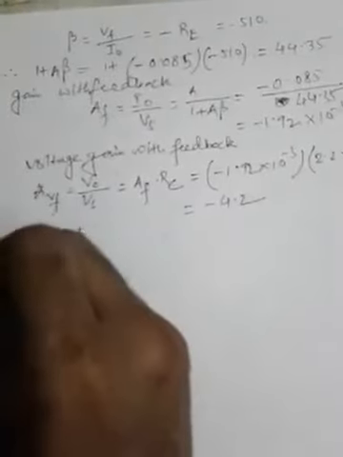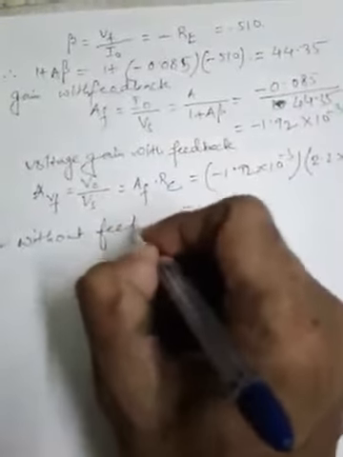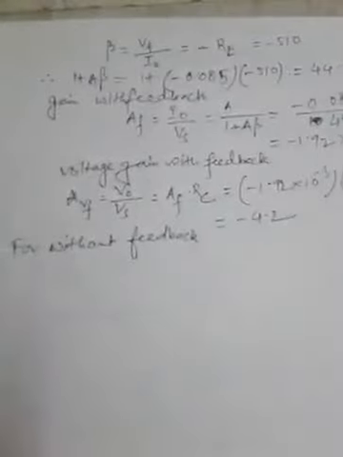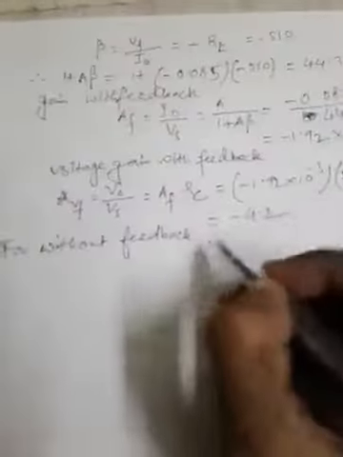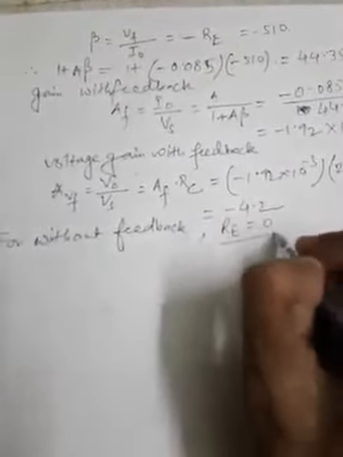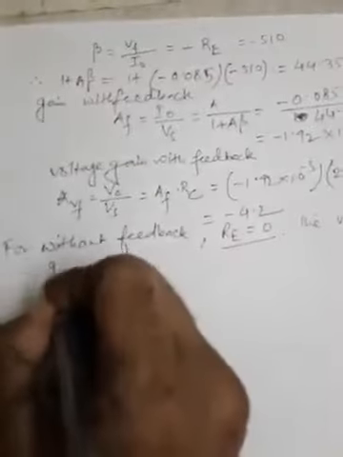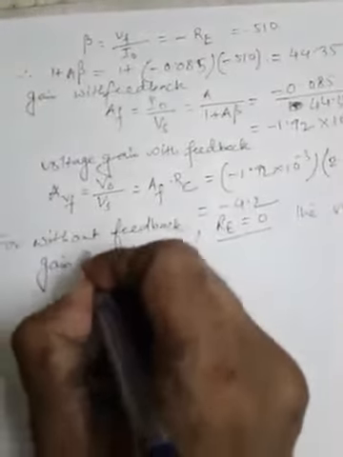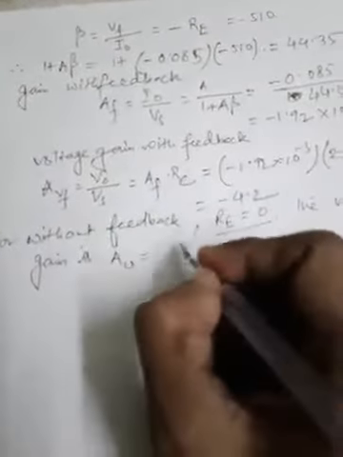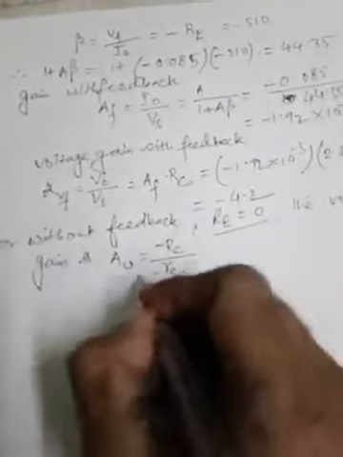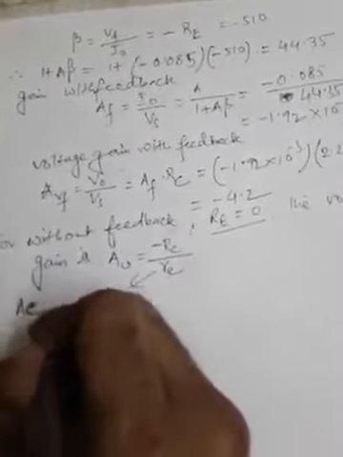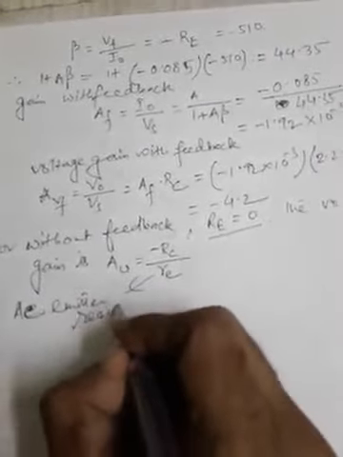Now without feedback, RE is equal to 0. If there is no feedback, that means there is no functioning of RE. So for the without feedback case, RE is 0. The voltage gain in that case is AV, which is minus RC by small re, where small re is the AC emitter resistance when the DC emitter resistance capital RE is ignored.